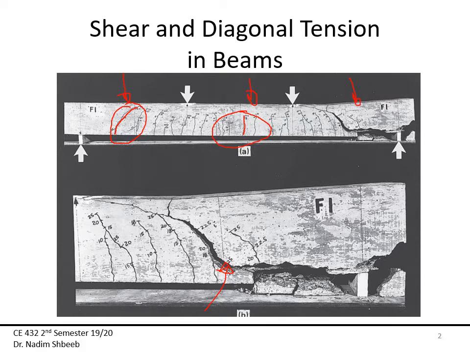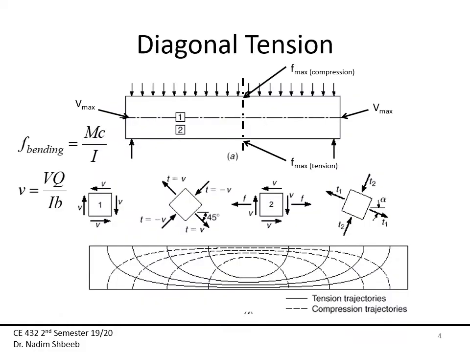As I said, our main goal is to try and avoid the shear failure, as it is sudden. It's similar to brittle failure, so it's a complete total collapse, and this is one of the big no-nos in design.